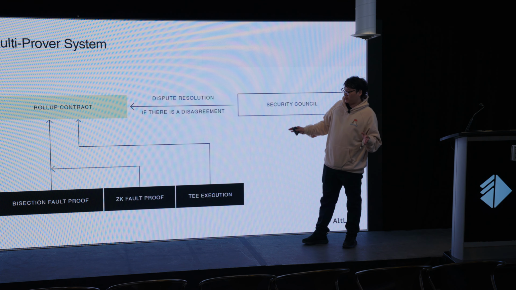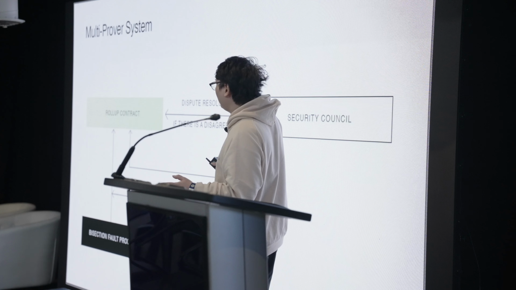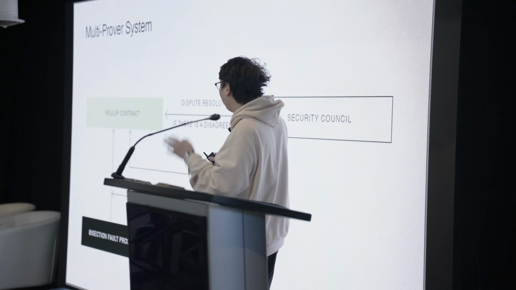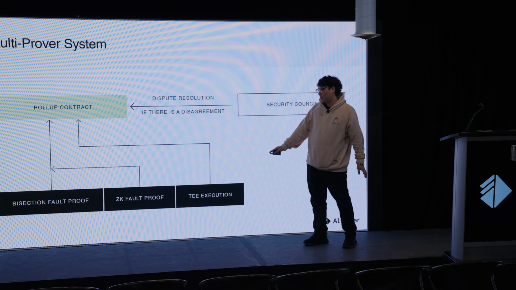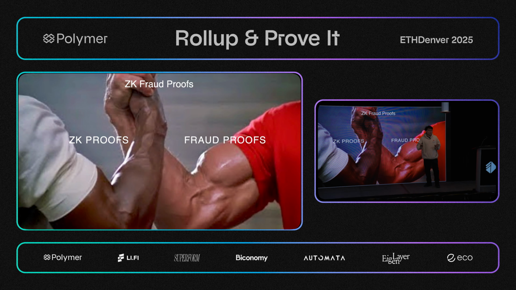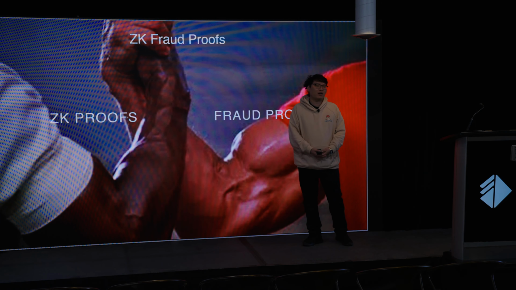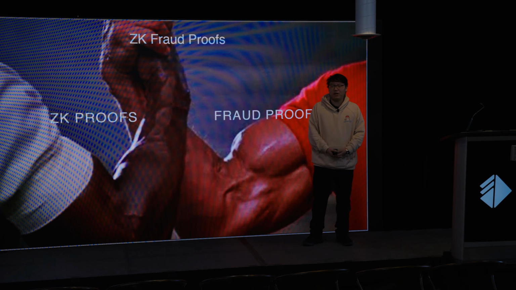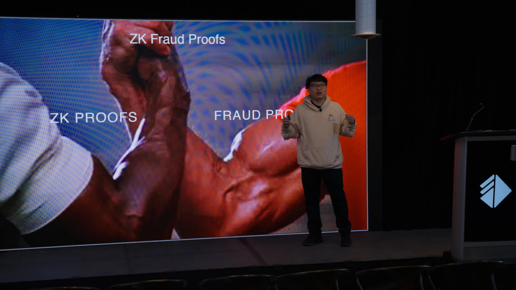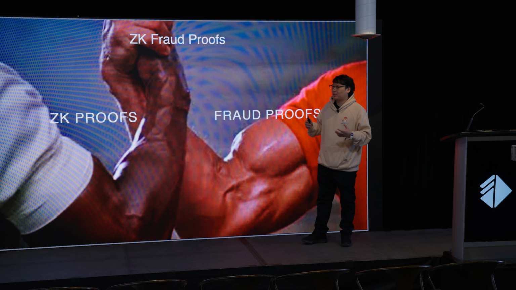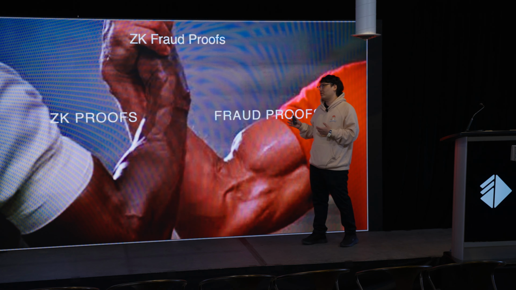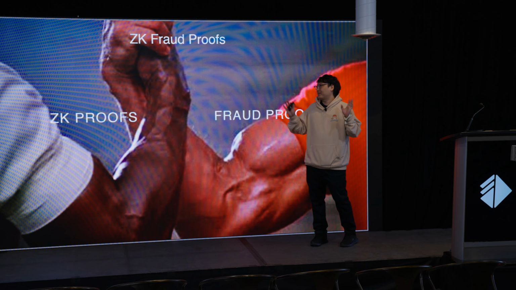In technical terms, either a fraud proof system with bisection fraud proof, or a ZK proof, or a TEE one. But we know that if we really engage with the ZK proof system, it's relatively expensive, right? Even with teams like Risc Zero or Succinct, who have very fast and efficient proving systems, it's still relatively expensive.